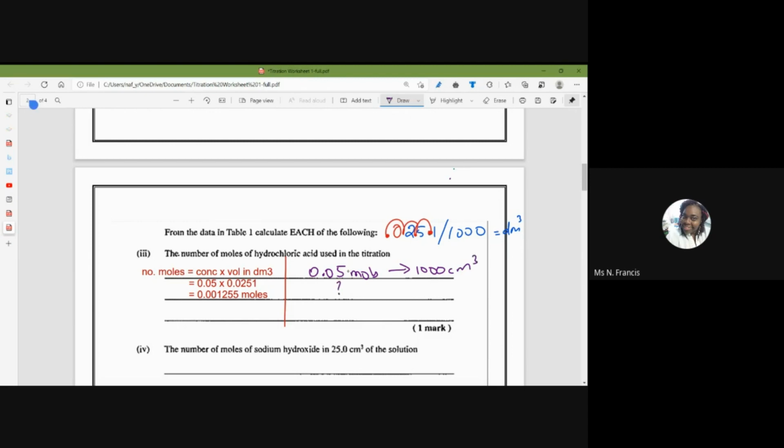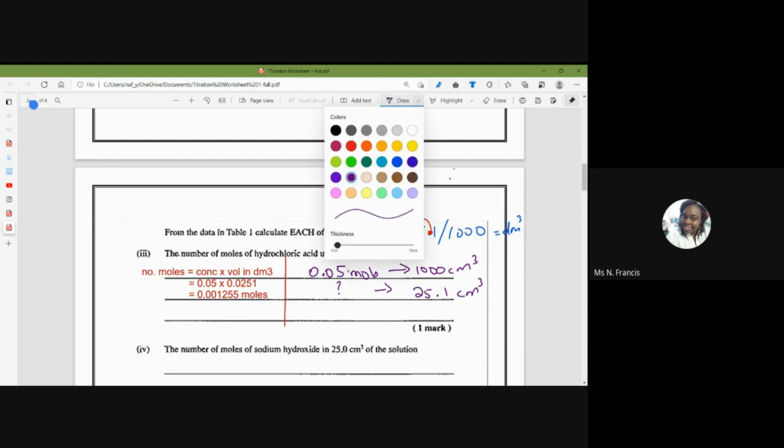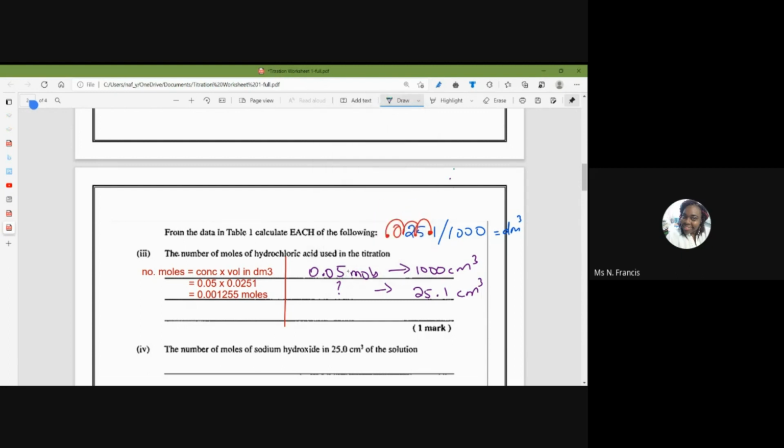How much is in 25.1 cm cube? That's what they're asking us, you know. So your concentration tells us how much is in 1000 cm cube. What would be the number of moles if I only used 25.1 cm cube out of it? All right, and we're going to do the little trick that math taught us.